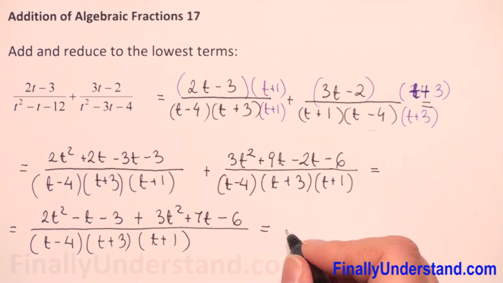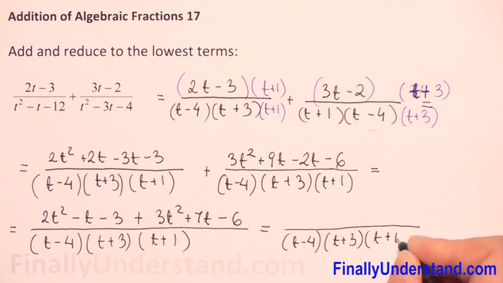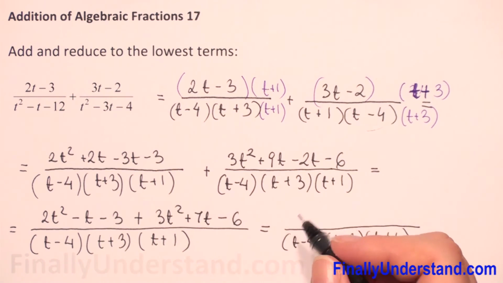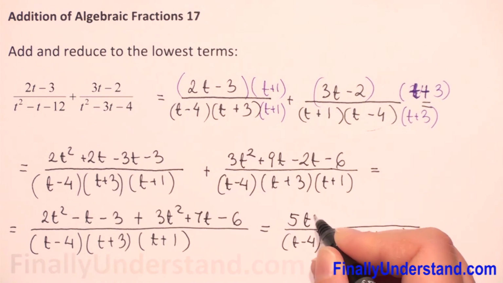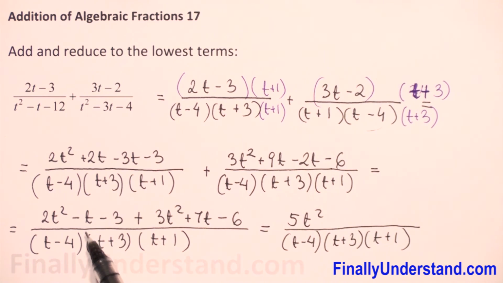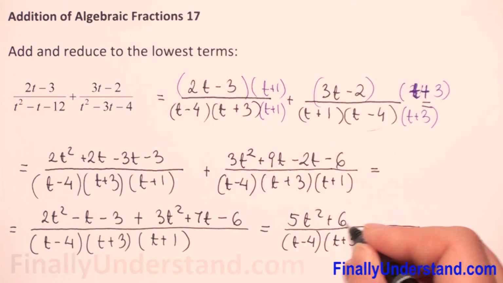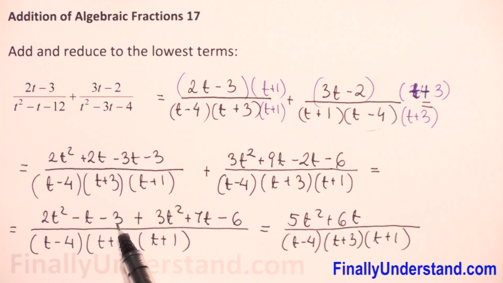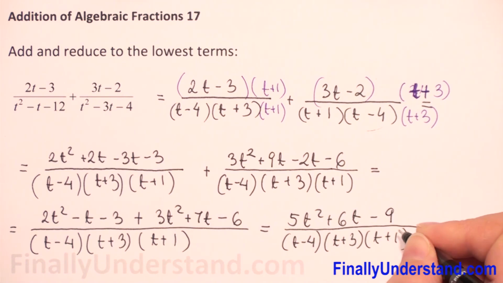Next, again, we have to combine the like terms, and we will copy the denominator. 2t squared and 3t squared, so will be 5t squared. Negative t and positive 7t, so will be plus 6t. And negative 3 and negative 6 is negative 9.